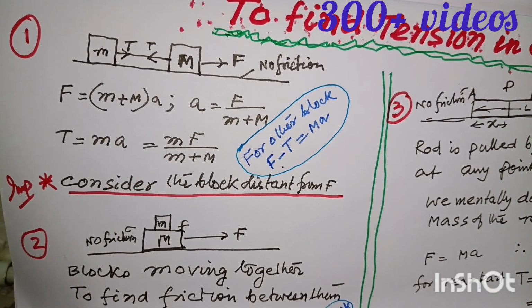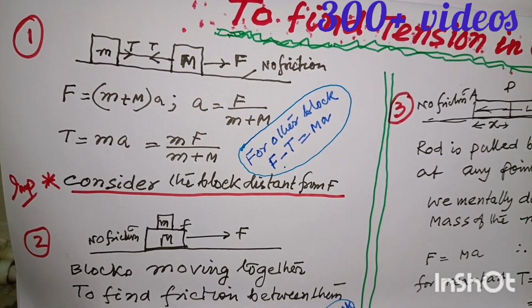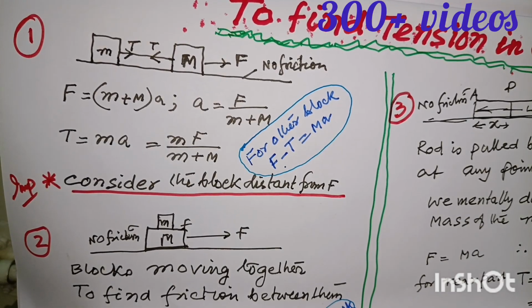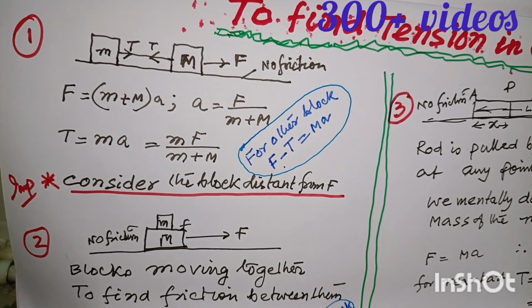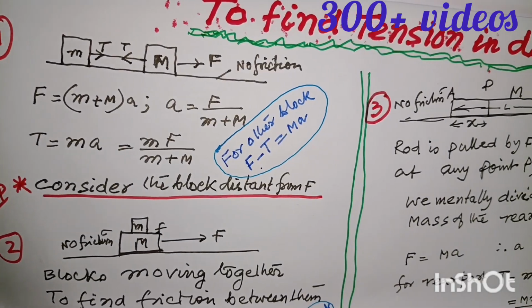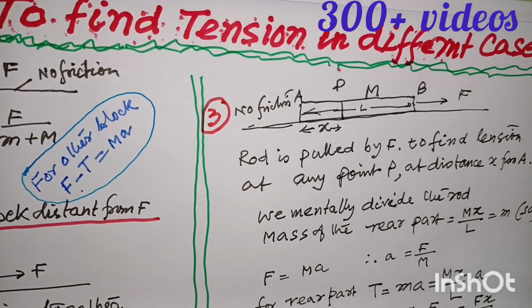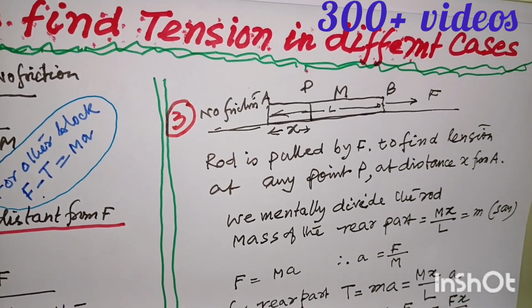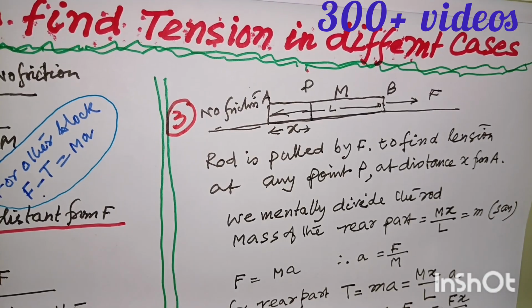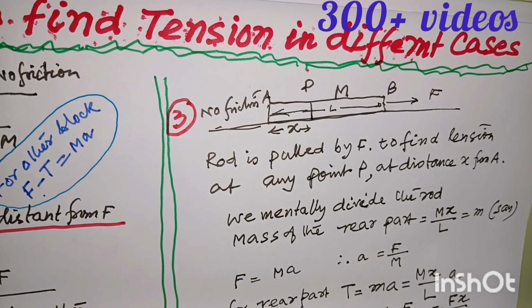There, first we took the entire mass and found out the acceleration. Then we took the distant mass and applied this. So here also we have converted the rod into two parts, and the two parts may be treated as two blocks as earlier, and tension in between will be there.